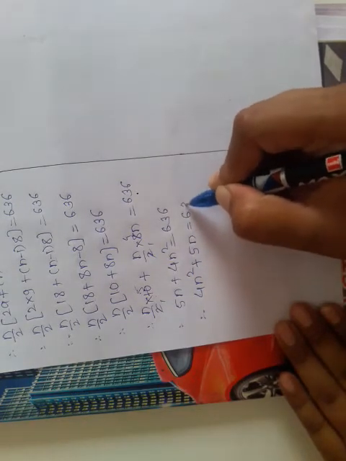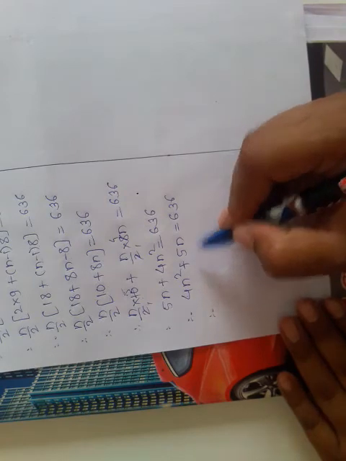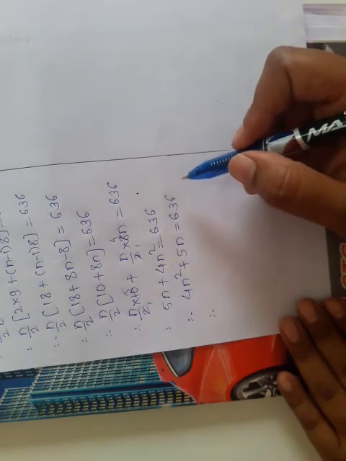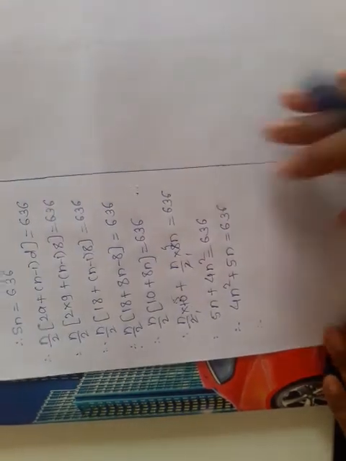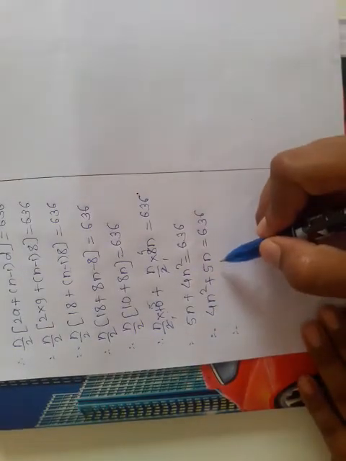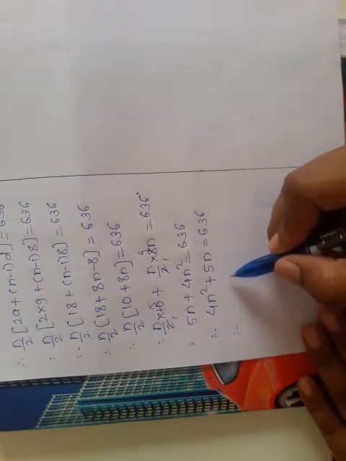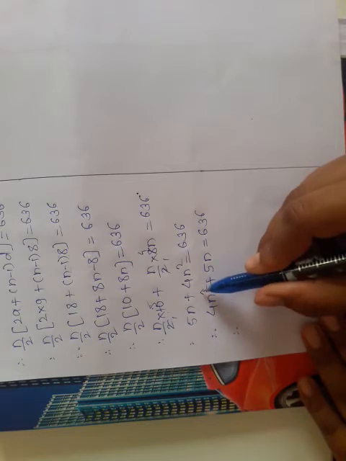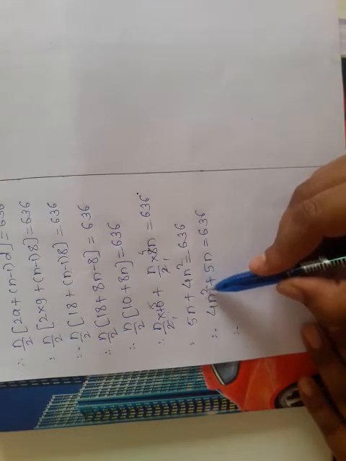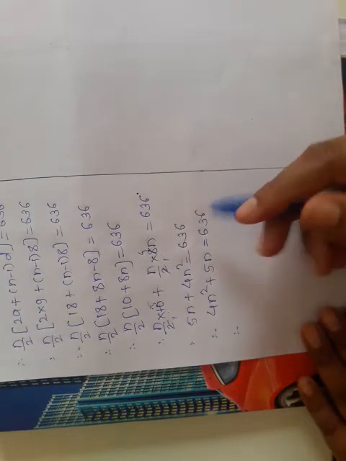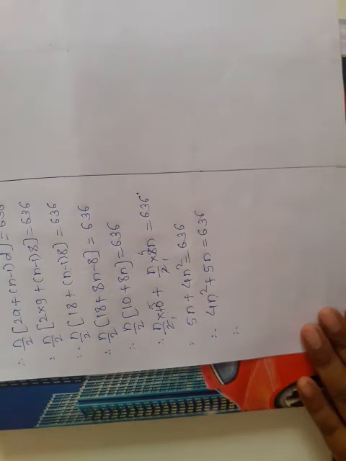Therefore we can write this equation as 4n square plus 5n is equal to 636, and therefore transpose this 636 to the LHS, and on the RHS there will be only 0. Why are we doing this? Because we get this equation as a quadratic equation. Here the highest power of the variable is 2, so this is our quadratic equation, and the variable is n.